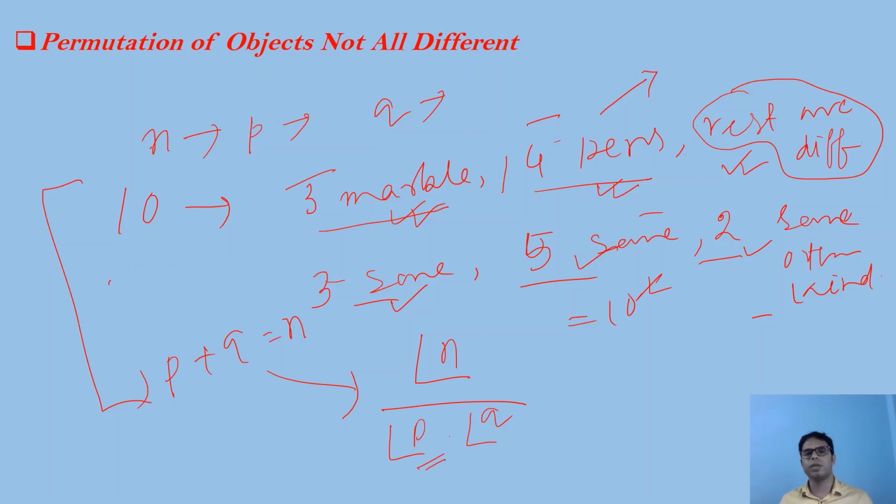For the objects which are the same, you should divide the total number of permutations by the factorial of that number. Say 3 are identical, so divide by factorial 3, 4 are identical, divide by factorial 4, in this way.